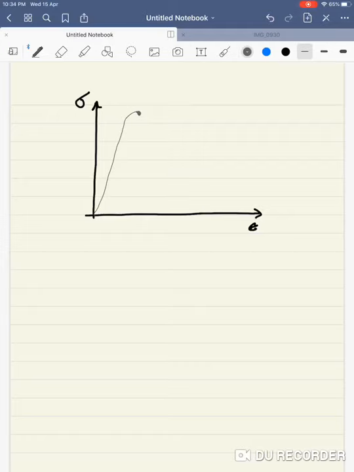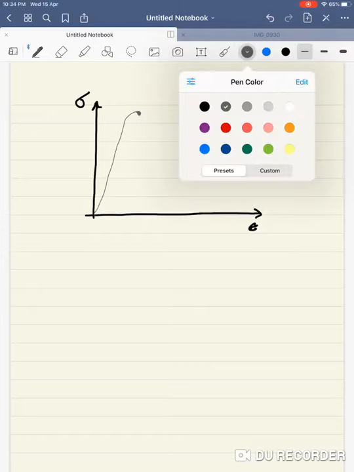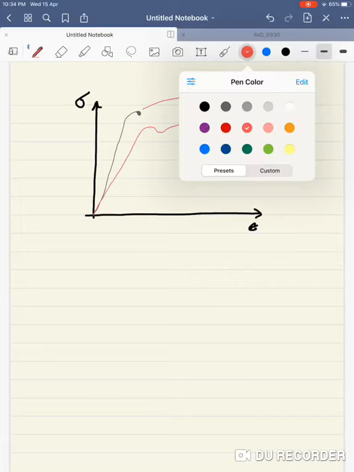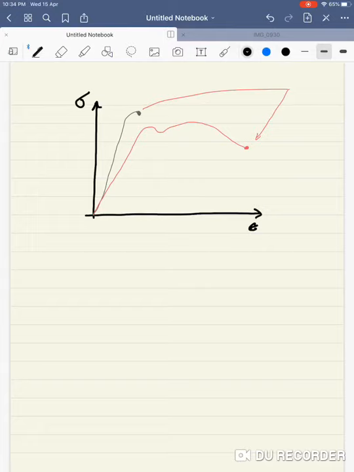And there is another material which goes something like this, and this ending point is the failure, or the fracture.